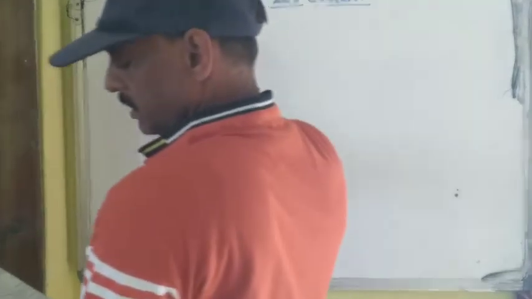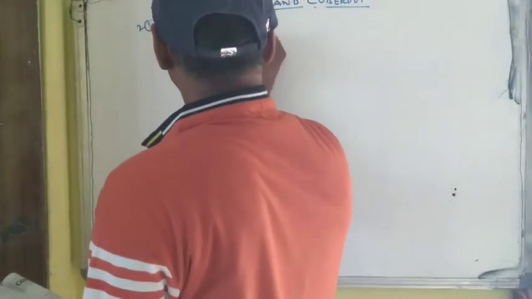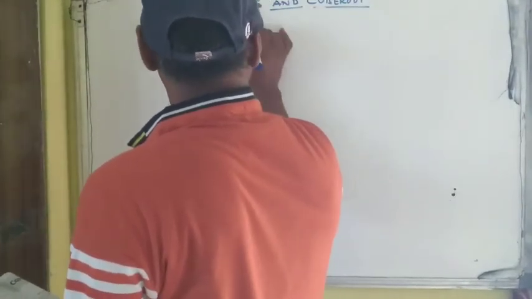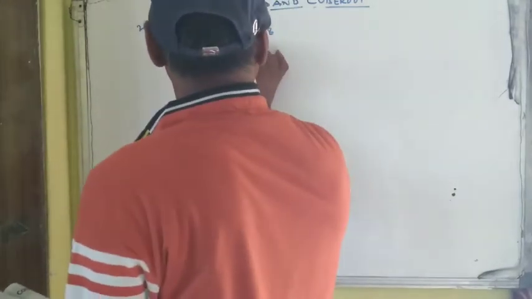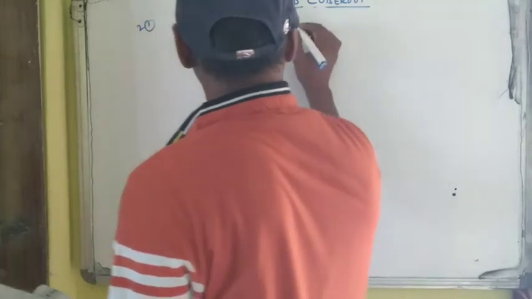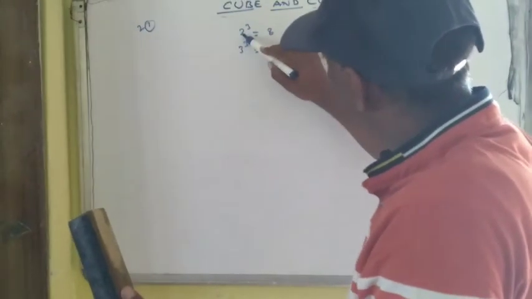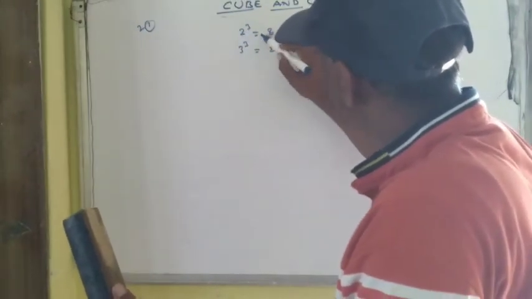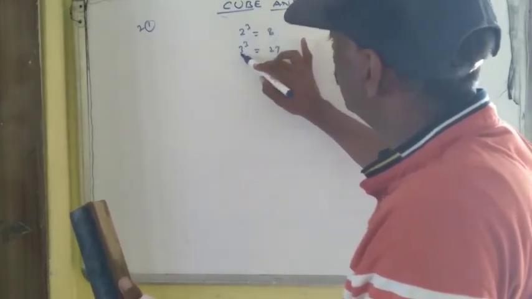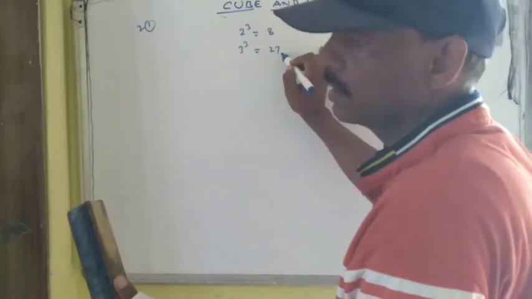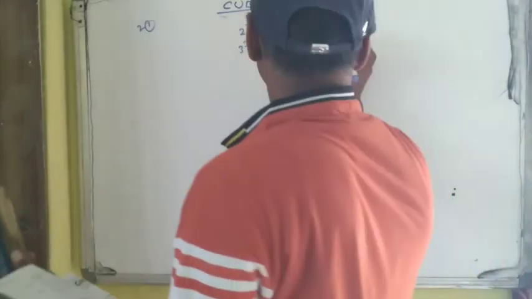For example, if we take 2, the cube of 2 is 8. The cube of 3 is 27. So look here, 2 is an even number and the cube of an even number is even. 3 is an odd number and the cube of an odd number is odd. So the first one is false.